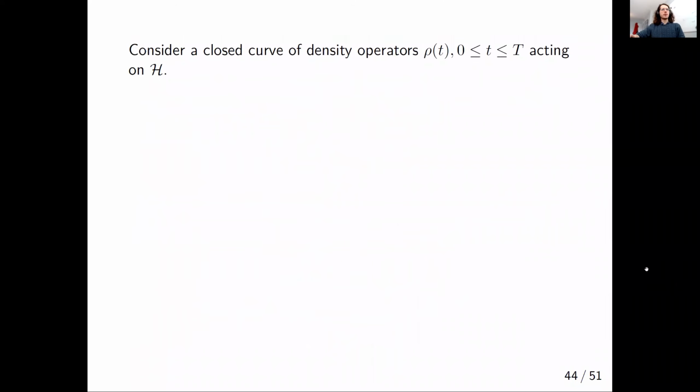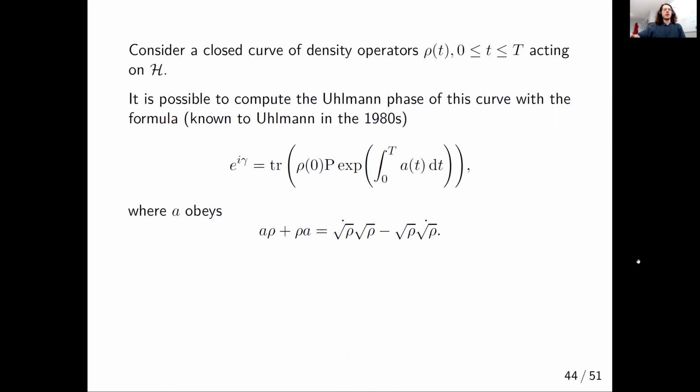So suppose we have a closed curve of density matrices acting on H. There's a formula that was known to Uhlmann in the 1980s, which can be used to compute the Uhlmann phase in terms of a certain path-ordered exponential. And the thing that you path-ordered exponentiate is these operators A of t, which obey this equation here.